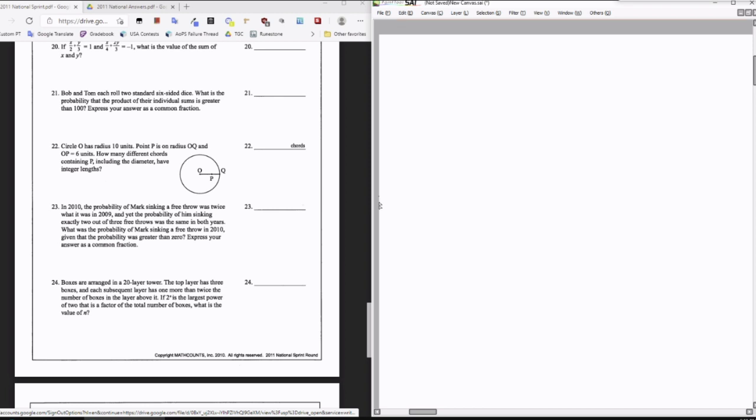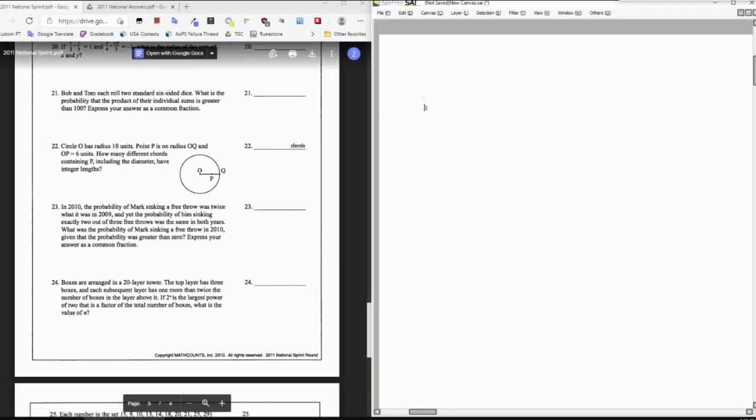Okay, so let's write down the probability of him sinking 2 out of 3 free throws.